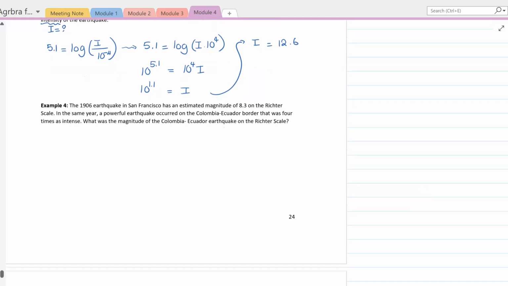We are given the magnitude of the San Francisco earthquake, 8.3, and the other earthquake is 4 times as intense. We want to find its magnitude.